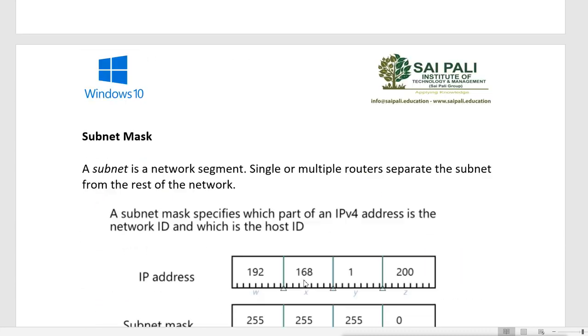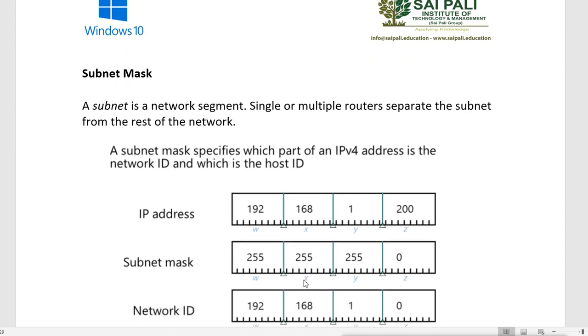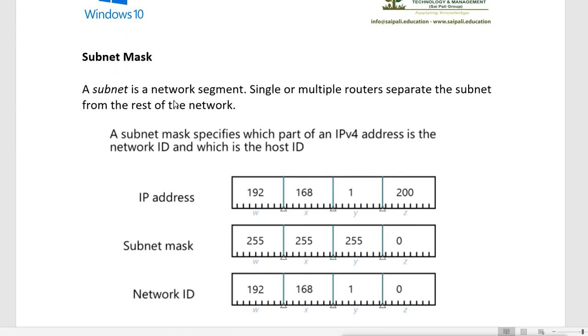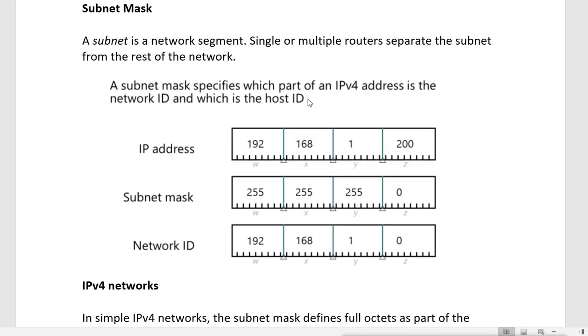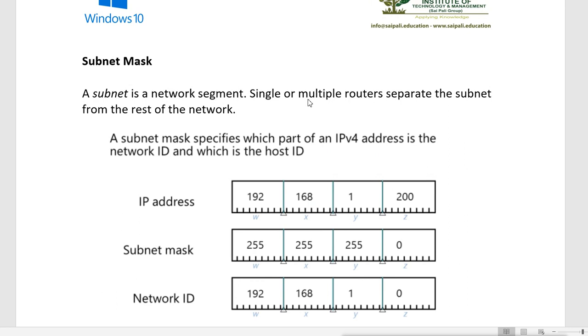Now when we talk about the subnet mask, as I said, a subnet is a network segment, and single or multiple routers separate this subnet from the rest of the network. When you have a subnet, it is where all the machines can communicate with each other.